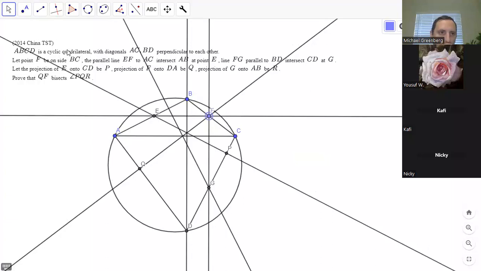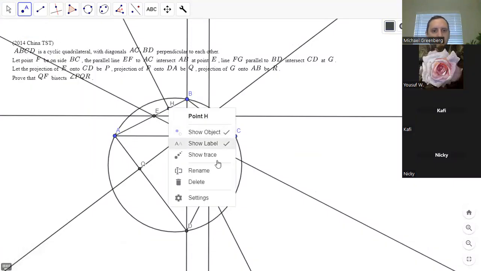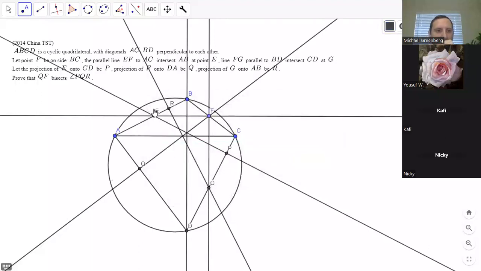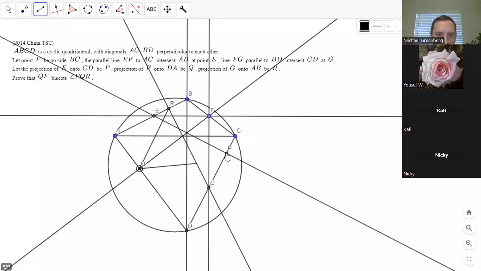So, and then we want to show QF bisects PQR. Okay, so that looks cool.